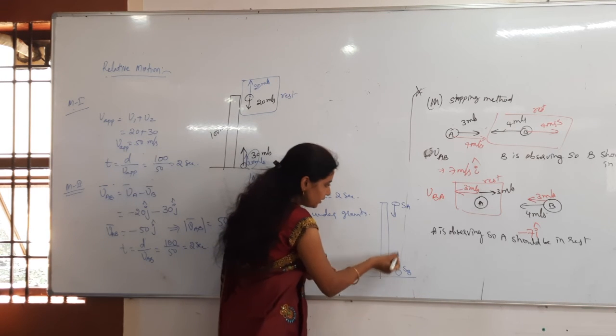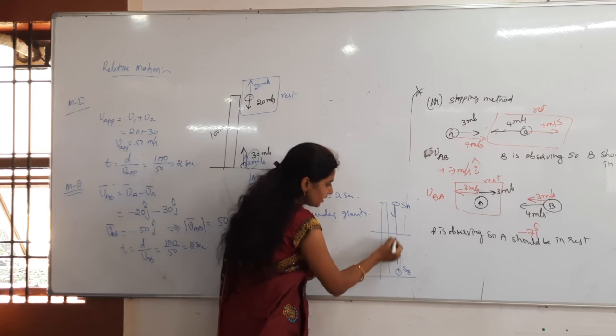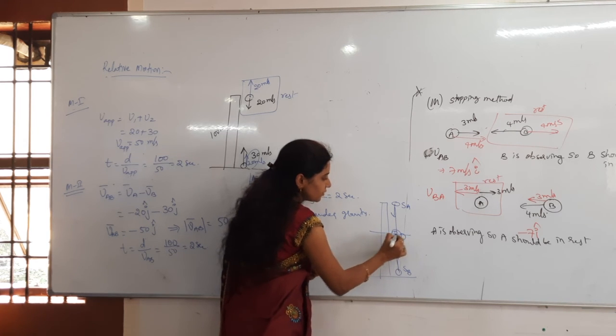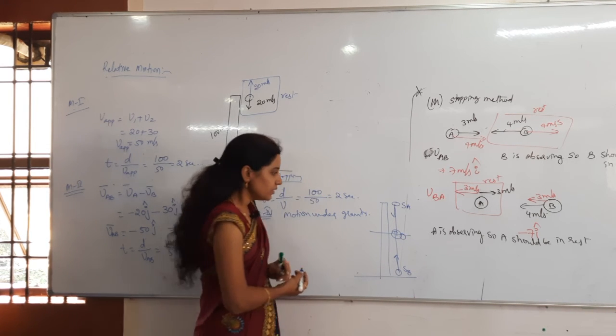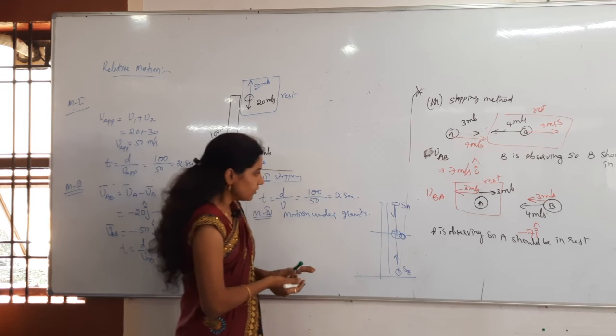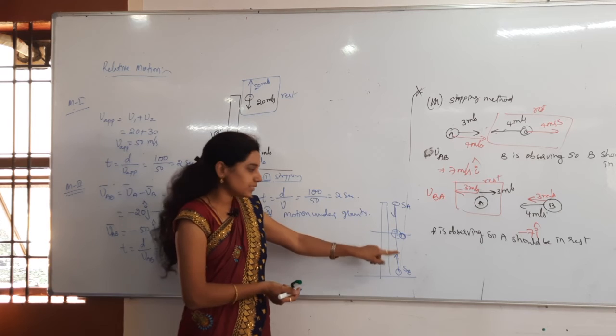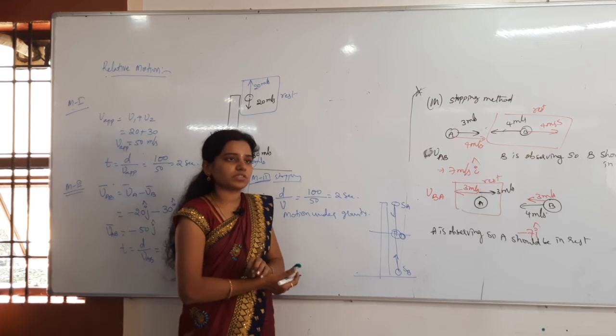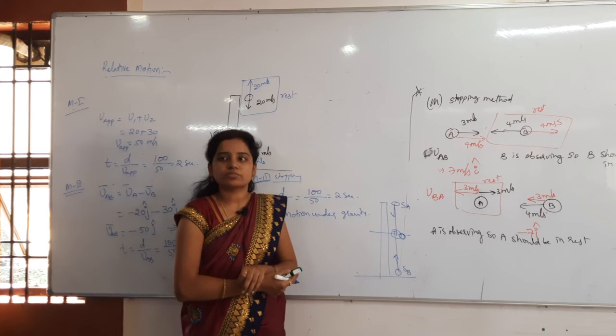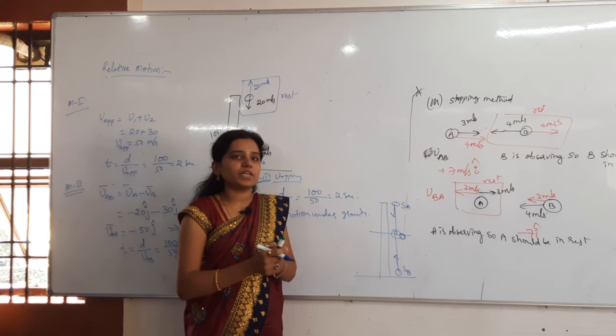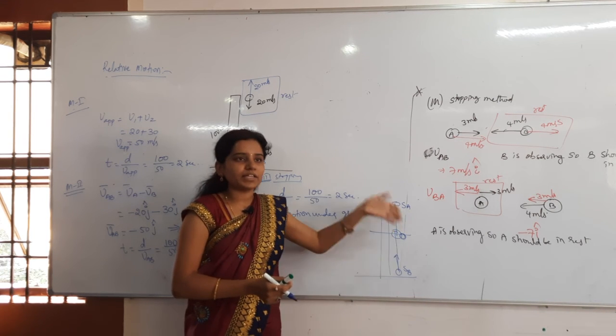After travelling SA distance and SB distance, they are colliding here. So A is travelling SA, B is travelling SB. Together, SA plus SB is how much? 100 only, the height of the tower.